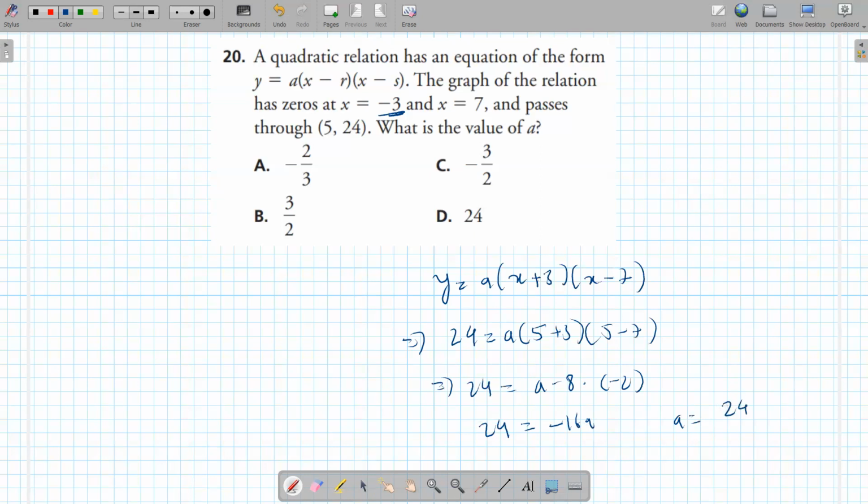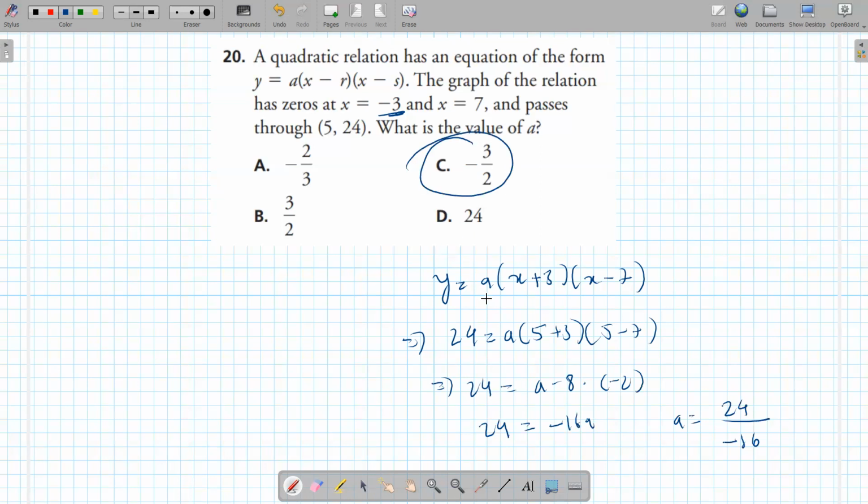It's going to be 24 over -16. Now, if you reduce that, what do you get? -3 over 2, which is option C.